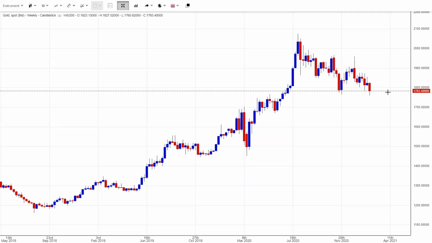Currently the market is closed and price stopped at 1783.4 for the gold. What we want to do now is take a few lines as close as possible to where price had stopped in the market last week.